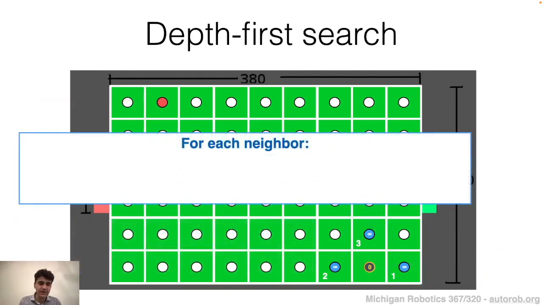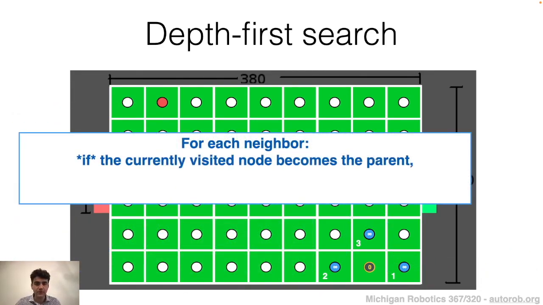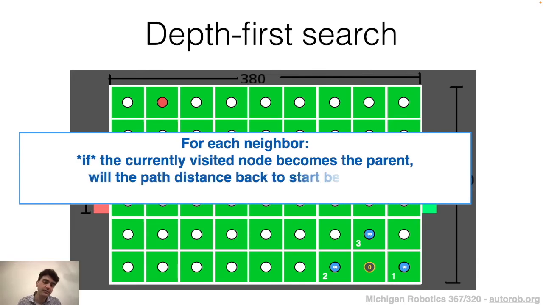For each of these neighbor nodes, the depth-first search will then ask the question: if the currently visited node, which at the current iteration is the start node, were to become the parent of the adjacent neighbor node, would the path distance back to the start node be shorter than the distance currently defined?